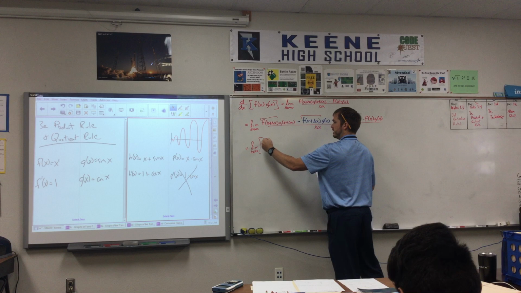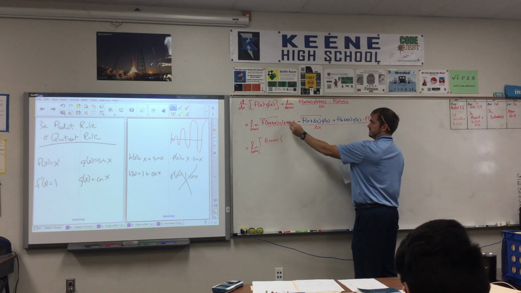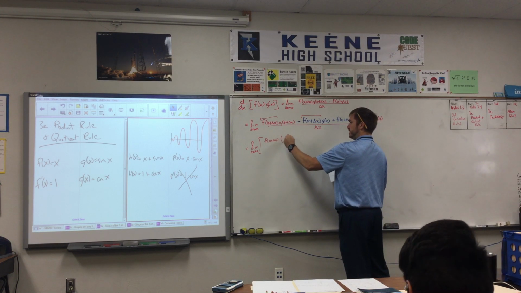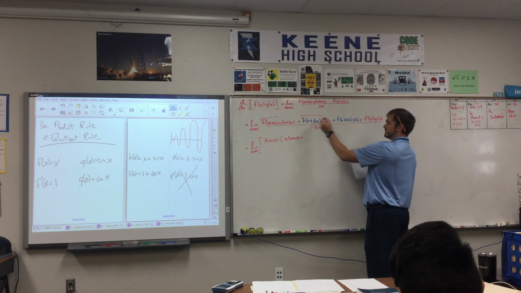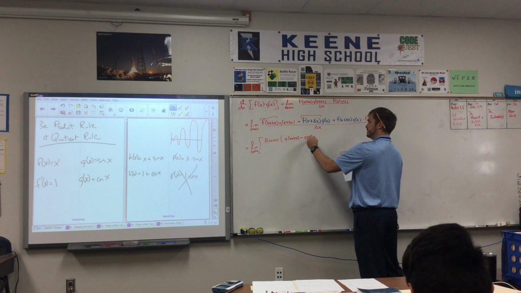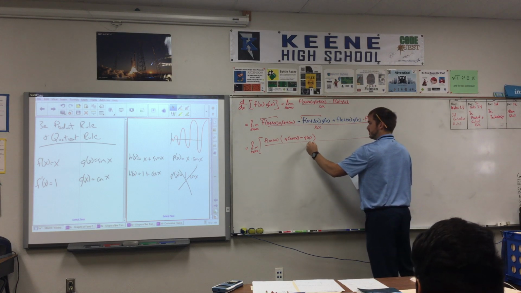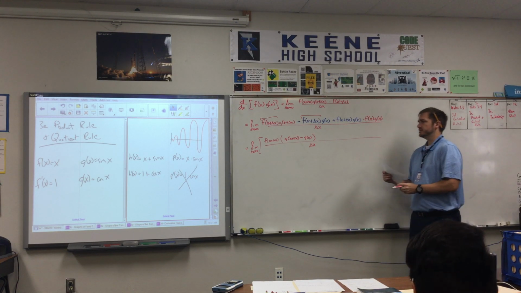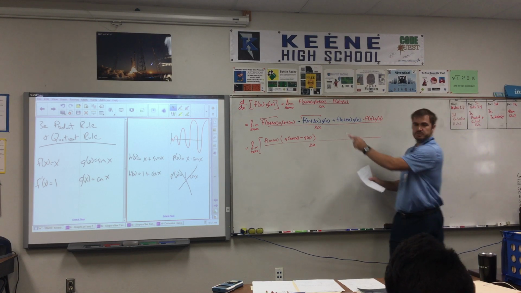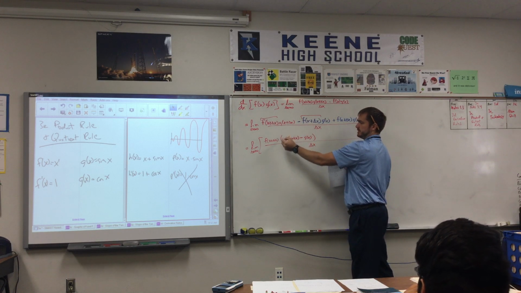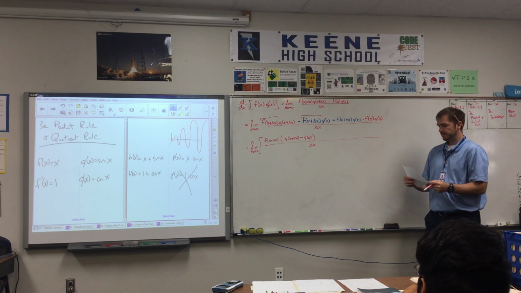So f of x plus delta x times whatever's left over in this part here, g of x plus delta x, minus whatever's left in this term, g of x. See if that makes sense to you. Cody, do you see those two terms that we factored out? F of x plus delta x. We just pulled it out here, and then this is left over and that's left over. Does that make sense? Okay.